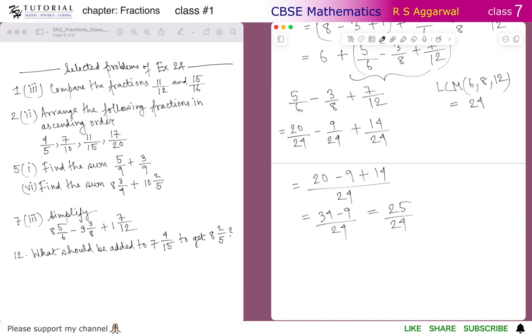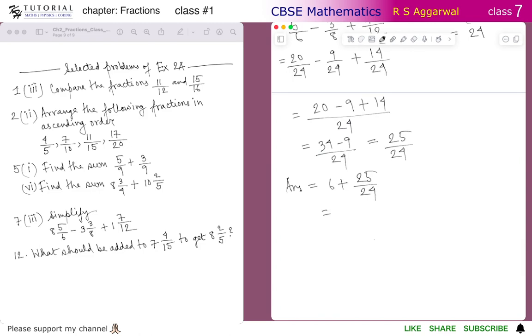So the final answer is 6 plus 25 by 24. Now 25 by 24 is an improper fraction which can be converted to 1 plus 1 by 24.